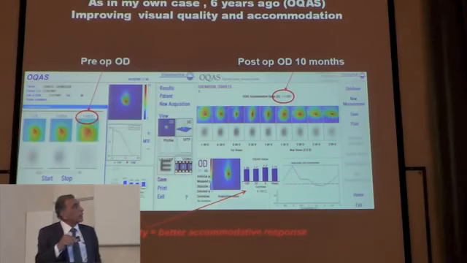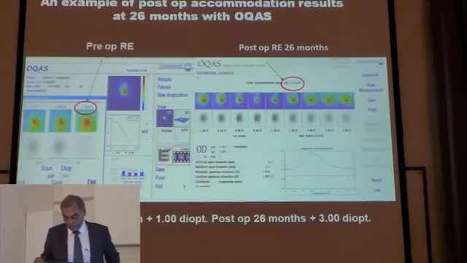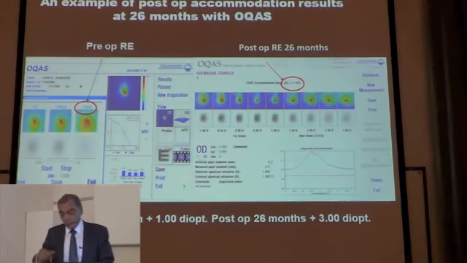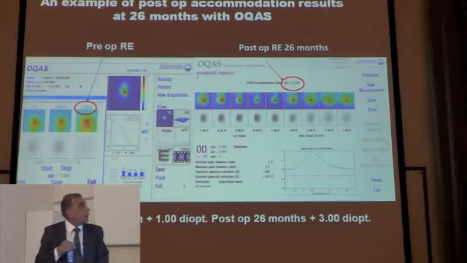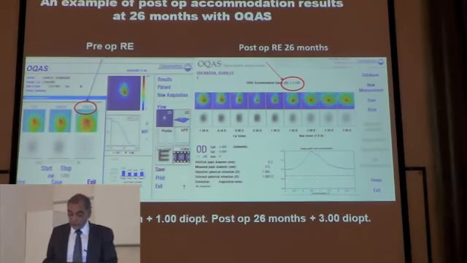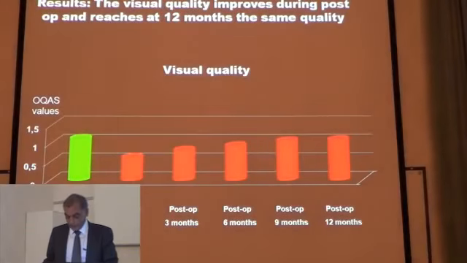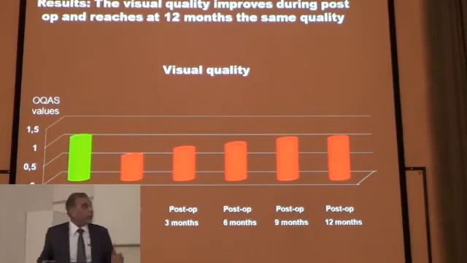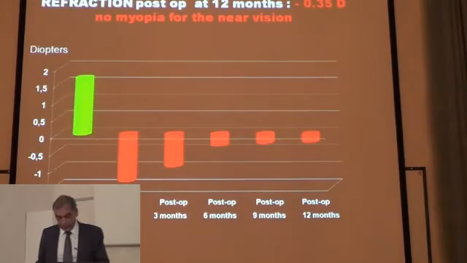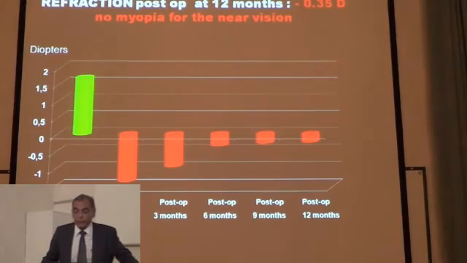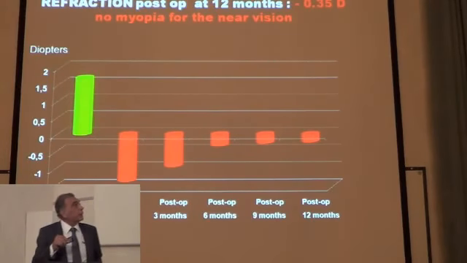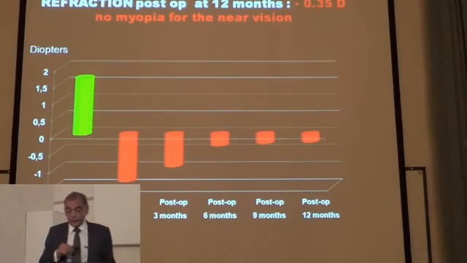As you can see, 10 months after, it was from +1 diopter, 3 diopters was calculated with the OCAS. 26 months after, we have the same result with 3 diopters, and now 6 or 7 years after, I have the same accommodation. The visual quality improved with time, of course, and the refraction post-op at 12 months is 0.08 diopters, no myopia for the new reason.